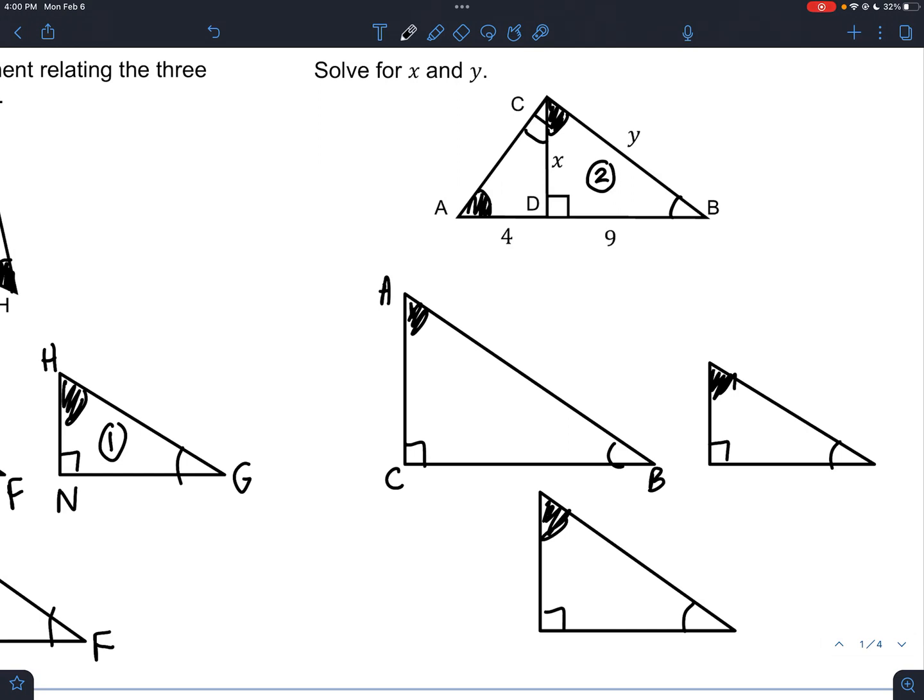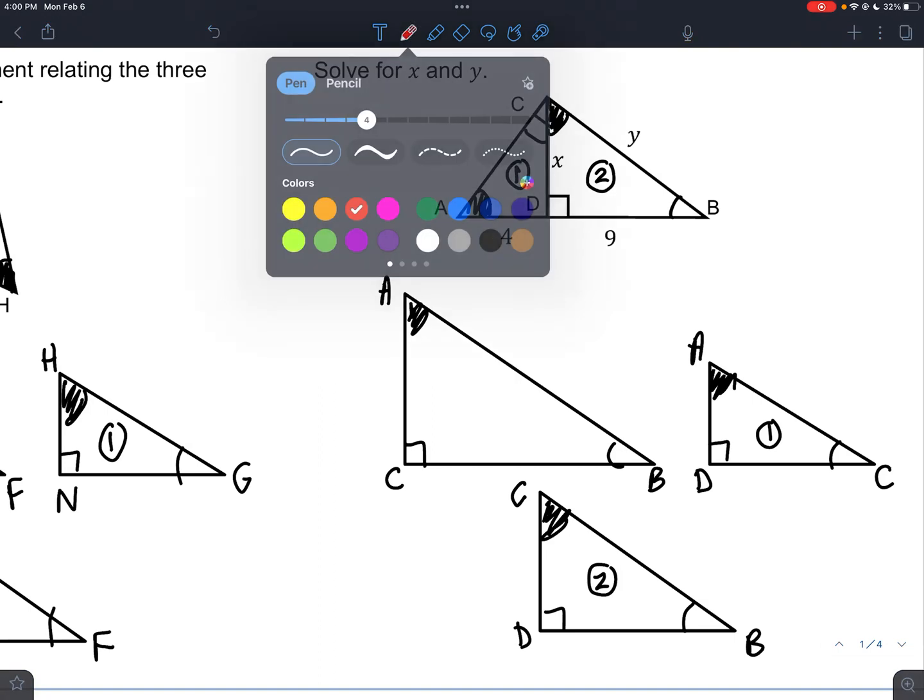That's the biggest triangle. The second smallest one is this one, right? And that one's actually oriented the right way. So C, D, B. And this little guy here is tilted a little bit, but it has A, D, and C as its vertices, okay?